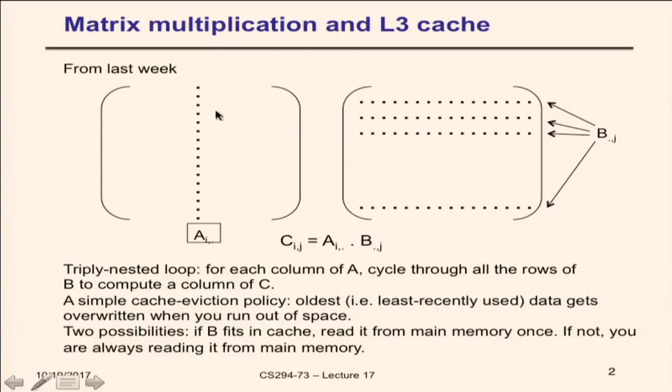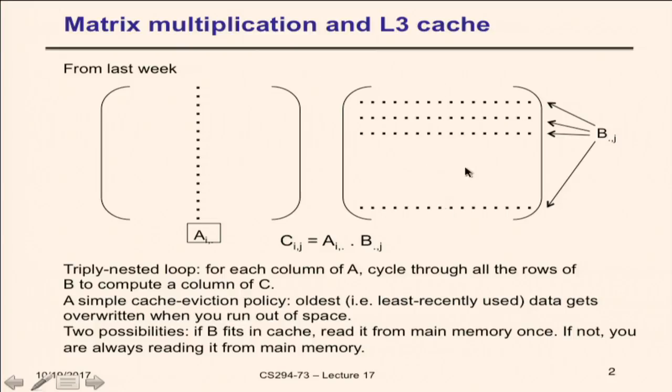That is, let's say you do this column times this set of rows, and now you come in and read the next column of A. What would you have done? You go back up to the top and read this row. Where is it? Well, it's gone. The reason it's gone is because this was the row that you had read the longest time ago.